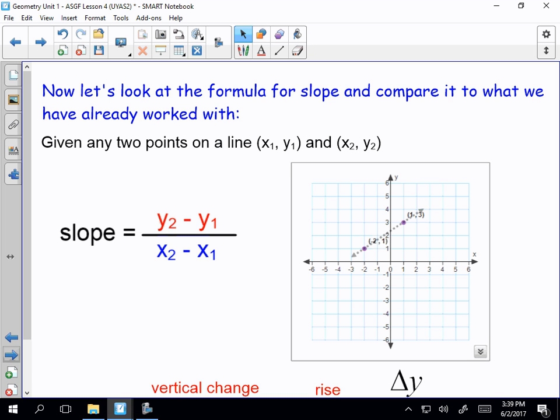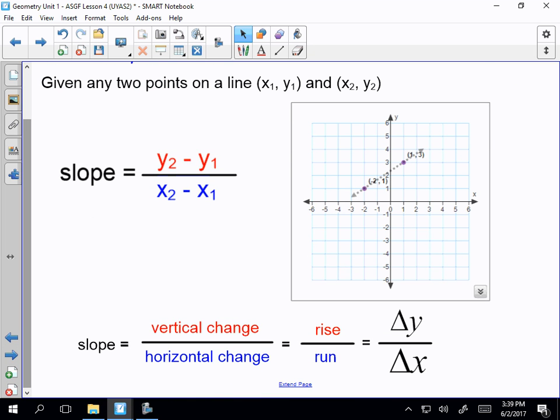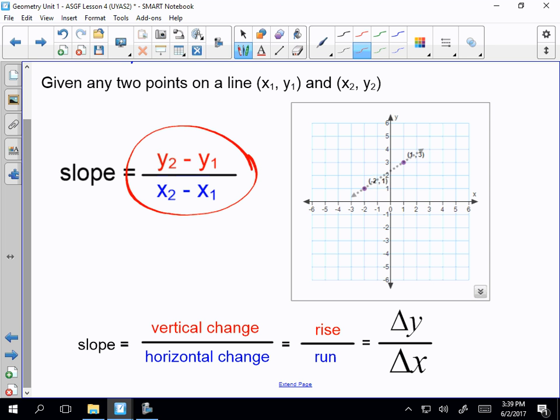Now, formula-wise, the most common formula for slope is what we see here: y2 minus y1 over x2 minus x1. But what we have to understand is it doesn't matter what point is where. The only thing that matters is that you're grouping the similar values. So we can have y2 minus y1, then we have to have x2 minus x1.